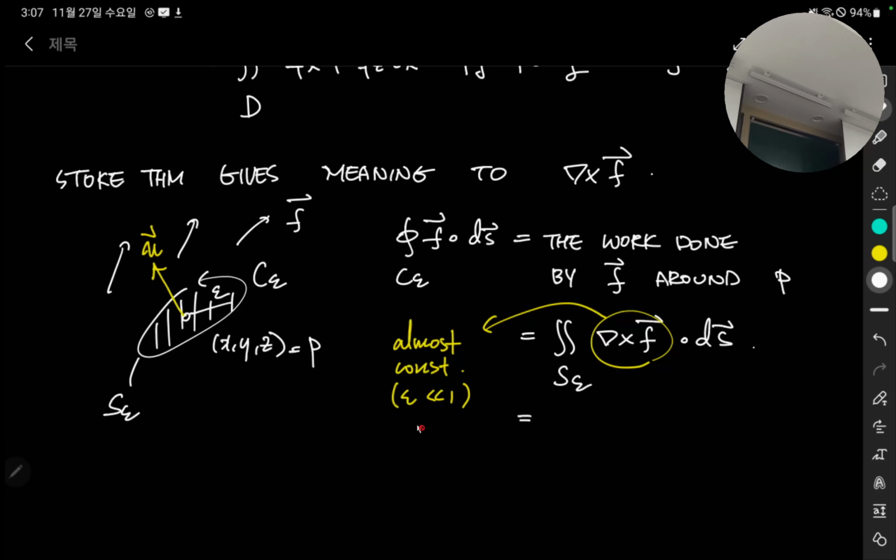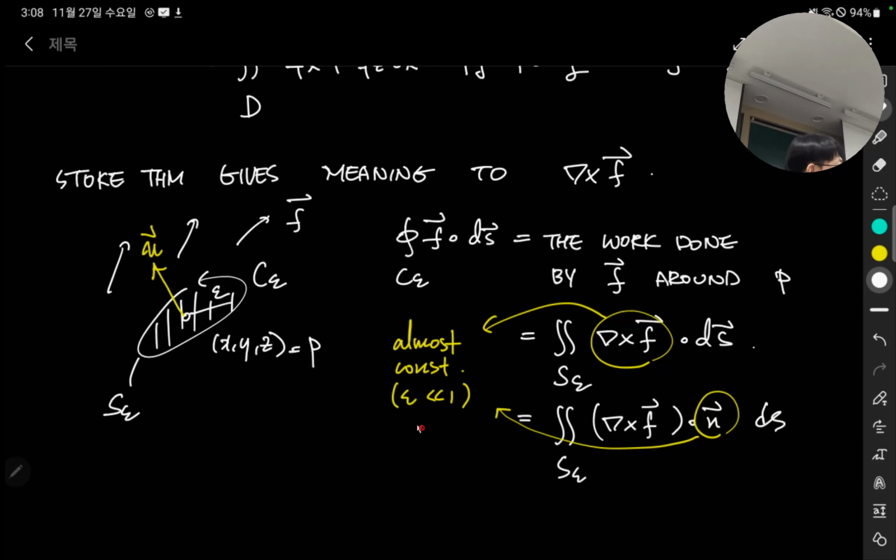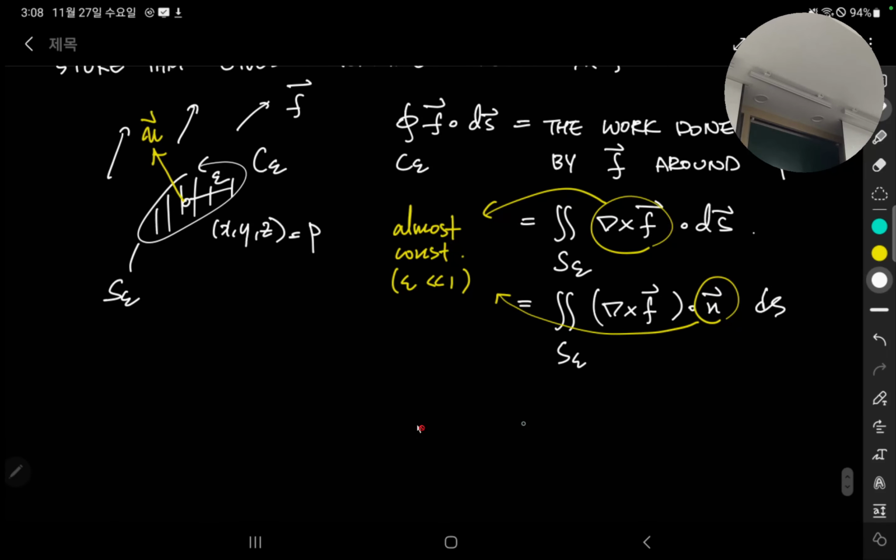So I can take these out, but before I do that, I have to multiply by the normal direction, and this normal direction is also almost constant because I'm looking at a very small area inside three-dimensional space. Changes in x, y, z coordinates are not much, so the normal direction is also not changing. And then dS. You can see that the inner product between these two constant vectors is just a constant number, so I can take them outside of the integration.